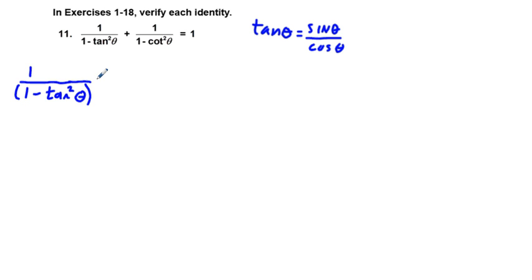And we're going to define a common denominator. When we multiply these two denominators together, we're going to multiply this first term by 1 minus cotangent squared theta over 1 minus cotangent squared theta.